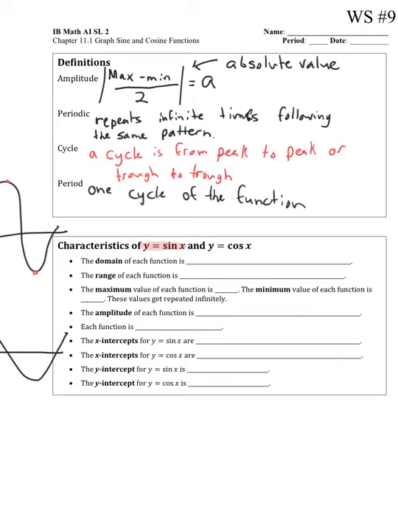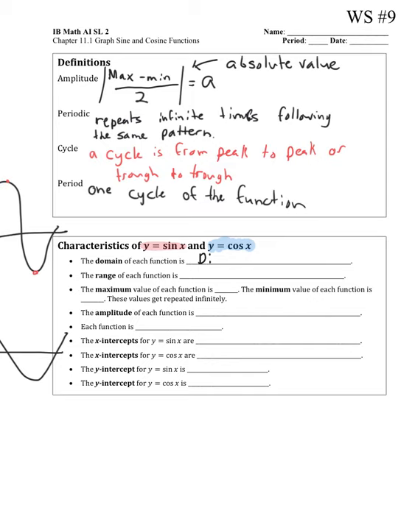Okay, so two functions we typically talk about, y equals sine of x, y equals cosine of x. These are just the parent functions, and they have specific things that are always true about them. The domain of each of these functions is always going to be all real numbers.